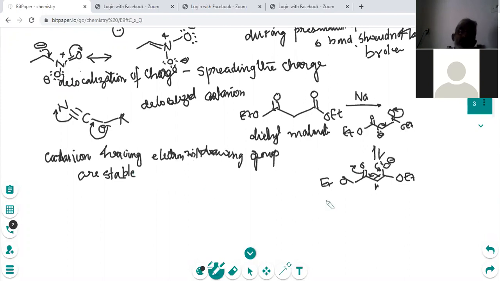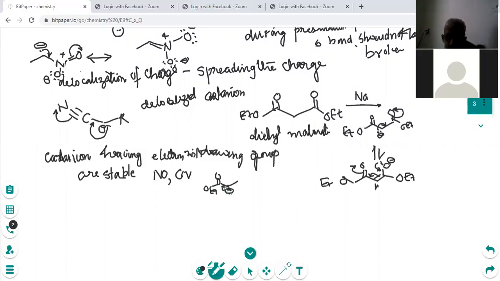So these are the electron withdrawing groups. Which are the electron withdrawing groups? NO2, CN, both examples we have seen, and then COOEt. That is also electron withdrawing, because the proton here is removed and this anion is delocalized.